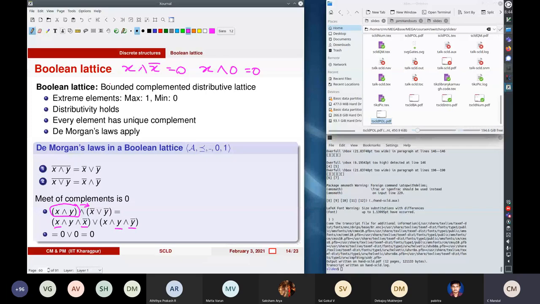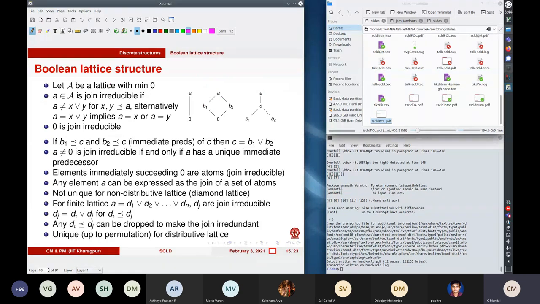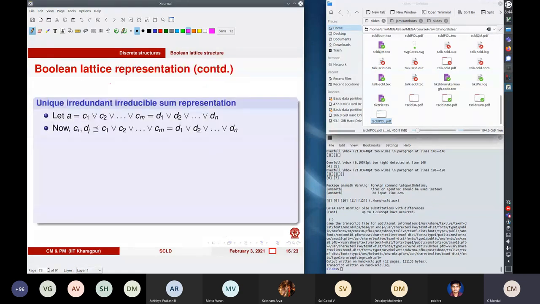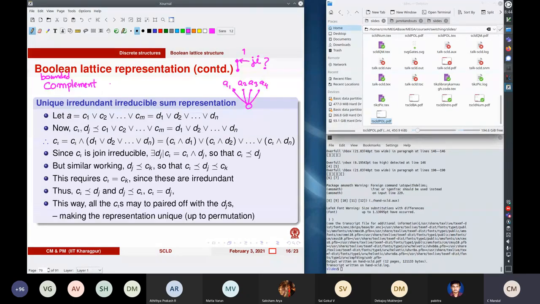Of course, it is bounded, complemented, and distributive.